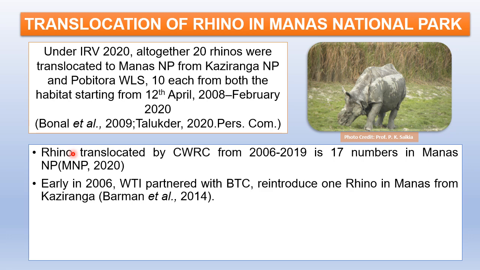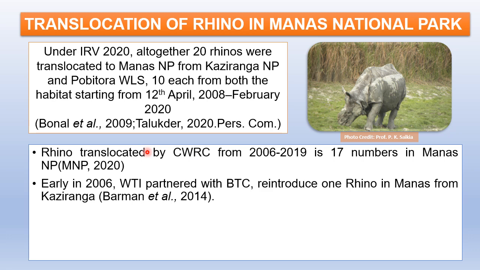Under IRV 2020, altogether 20 rhinos were translocated to Manas National Park from Kaziranga National Park and Pobitora Wildlife Sanctuary, that is wild to wild release, 10 each from both habitats, starting from 12 April 2008 to February 2020.